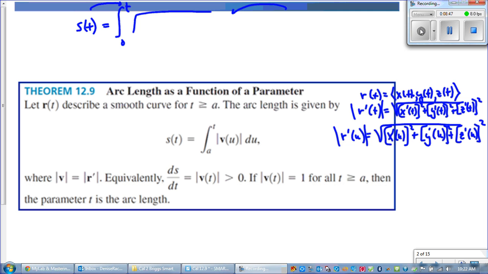So the integrand, this is just from the formula that we used in the previous section for arc length. I'm just changing the variable so that we can have an upper limit that is a variable.